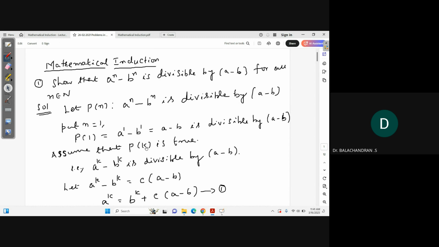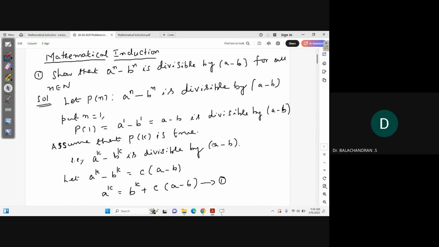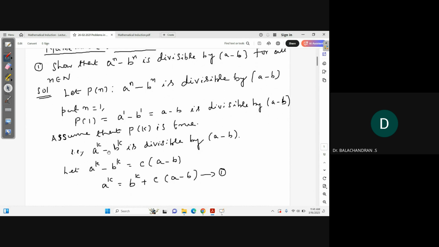So what do you mean by p of k is true? a power k minus b power k is divisible by a minus b. If you divide a power k minus b power k by a minus b, you'll get some constant.